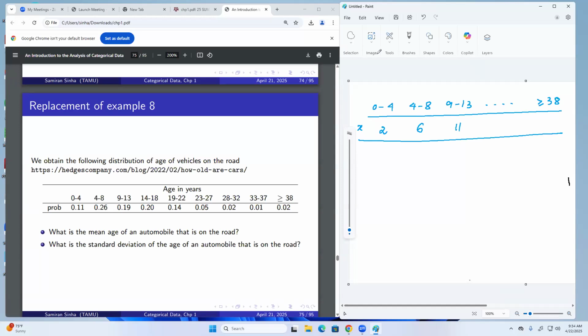So I'll just add 2 years to calculate the midpoint of that age group. And the corresponding probabilities are 0.11, 0.2, 0.19, so on and so forth, 0.42.